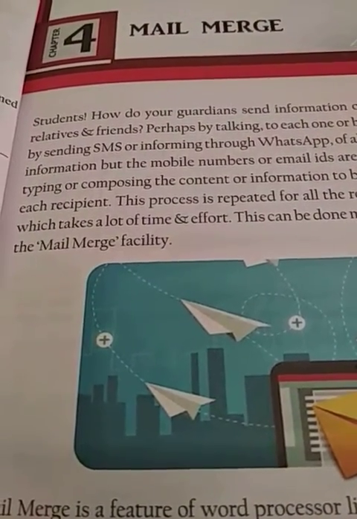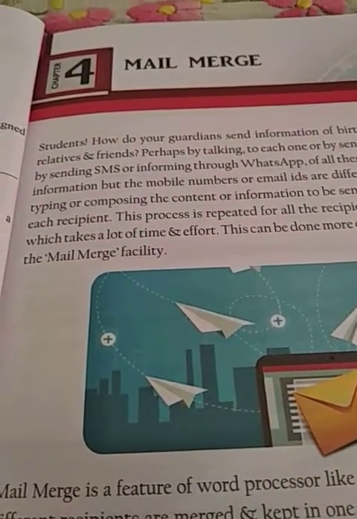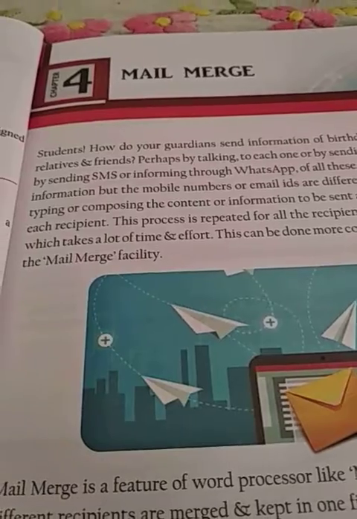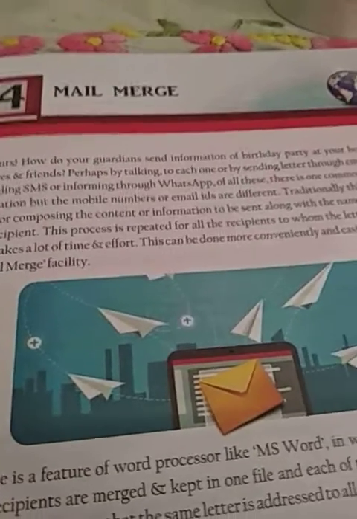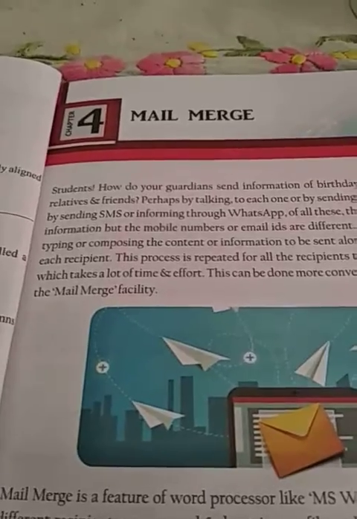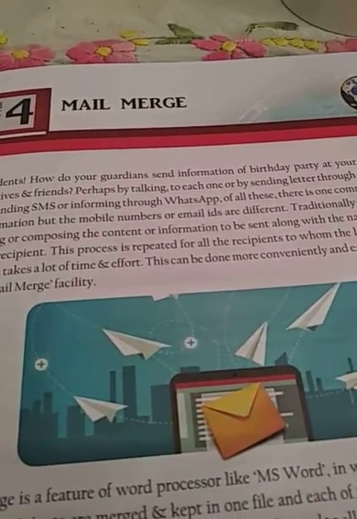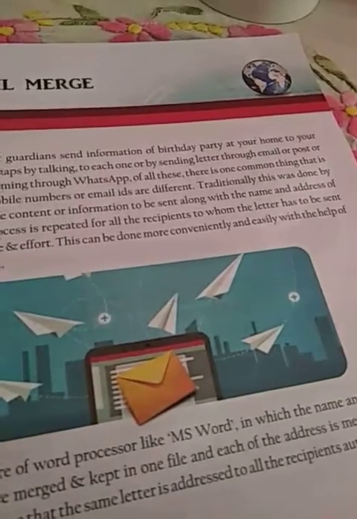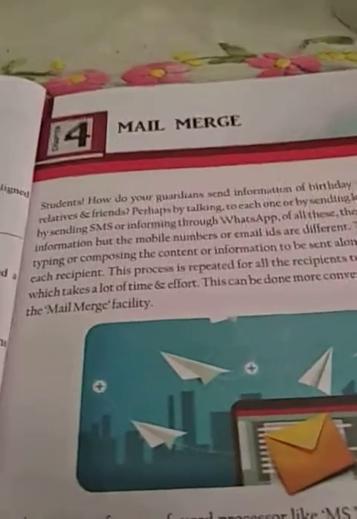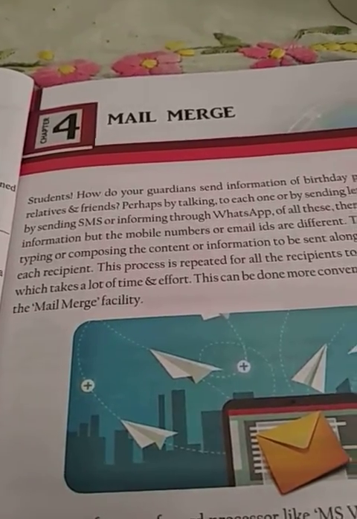So, in your book also, there is a situation written: students, how do your guardians send information of a birthday party at your home to relatives and friends? Perhaps by talking to each one, or by sending letters through email or post, by sending SMS or information through WhatsApp.